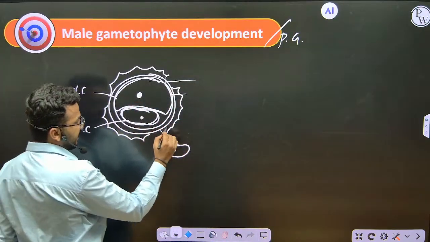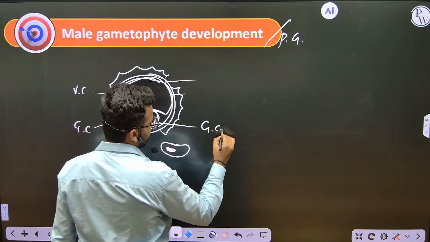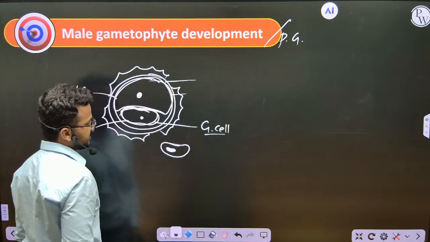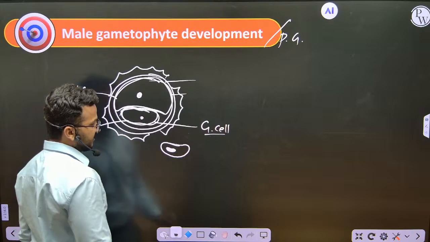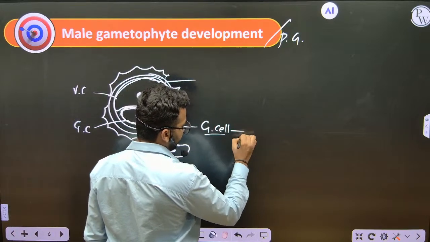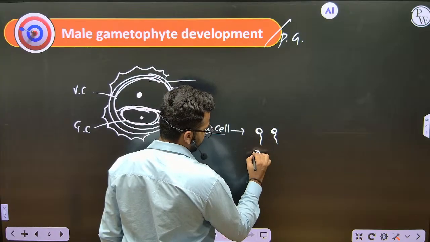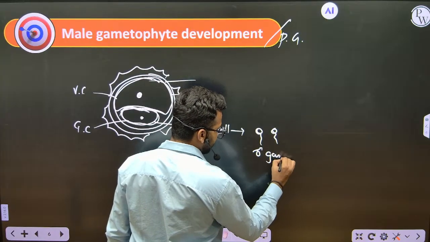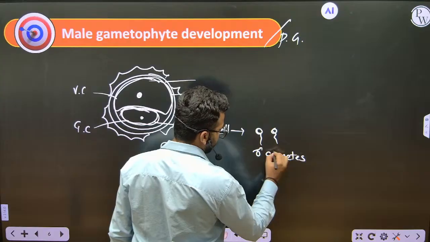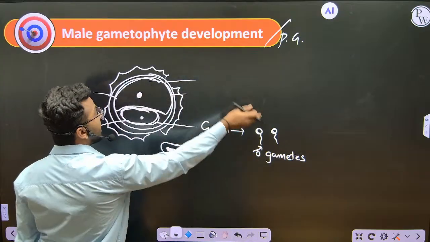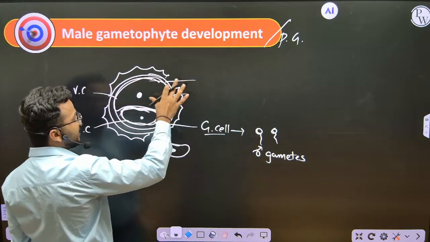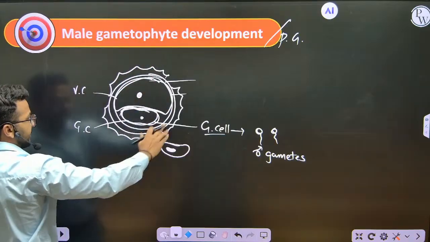This is the generative cell, which is smaller in size. This generative cell will undergo another division to form two male gametes there. These are the gametes. So you should know the difference between male gametes and male gametophyte. Male gametophyte is nothing but pollen grain.